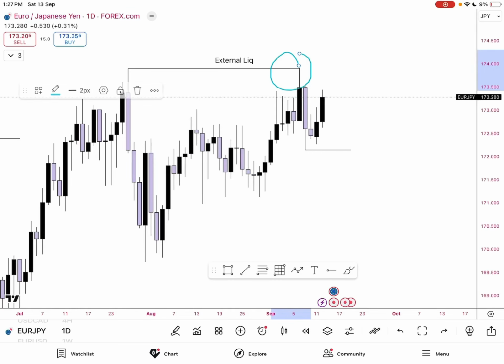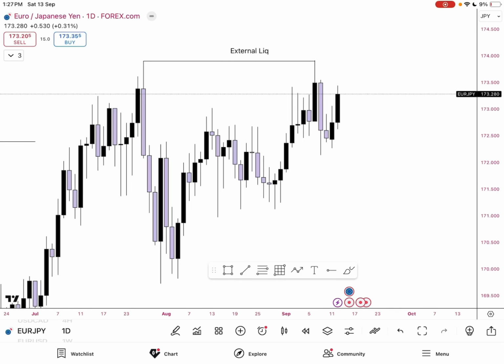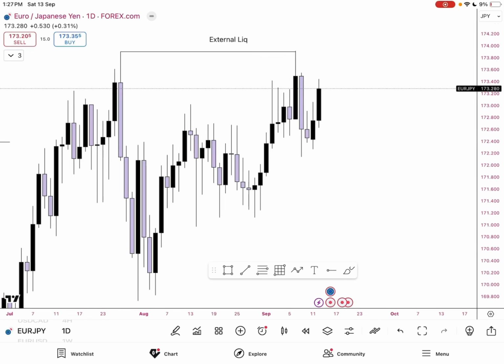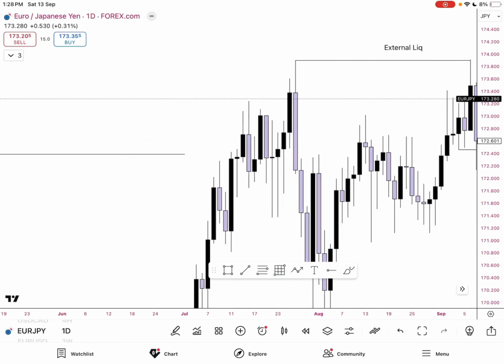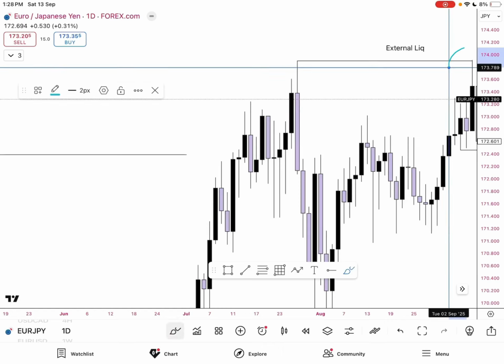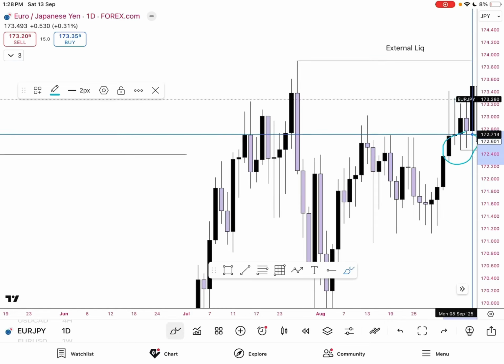Sorry, after price takes this external liquidity, it will go for internal liquidity to be taken out. So this will be our internal liquidity, not this, because this is the candle after taking; this candle will be taken out. This is the internal liquidity.